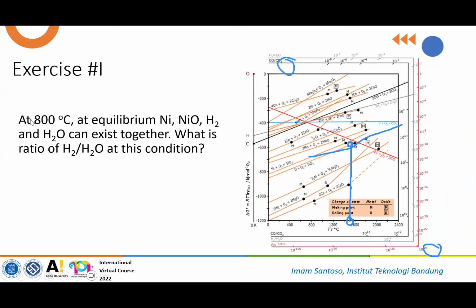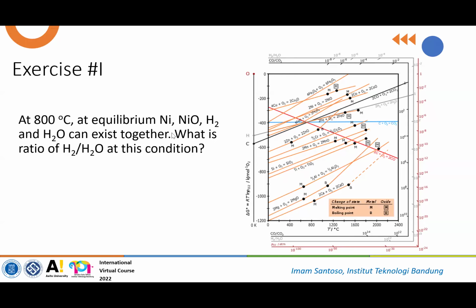Now, next question. At 800 C, nickel oxide, hydrogen, and water can exist together. This is the fundamental of the production of nickel from nickel laterite using hydrogen as reductor.